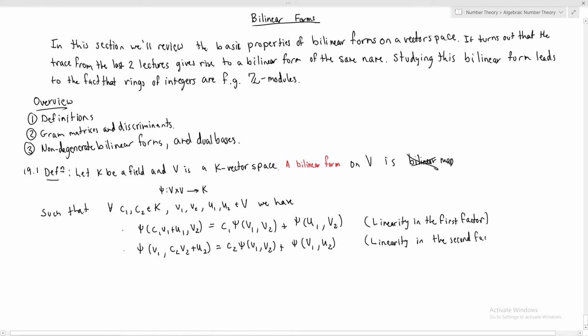Okay, so it's essentially a way of pairing vectors. The first example you would see in math is that the dot product is a bilinear form. So the prototypical example is the dot product.